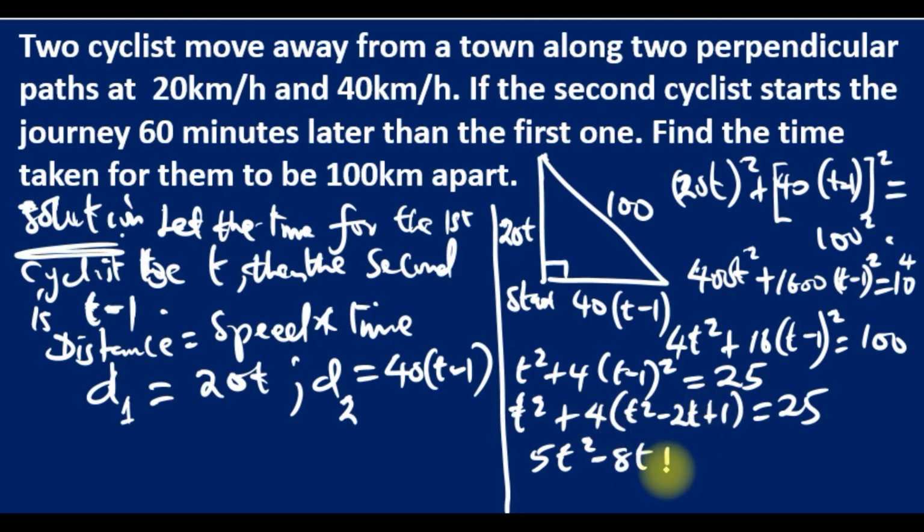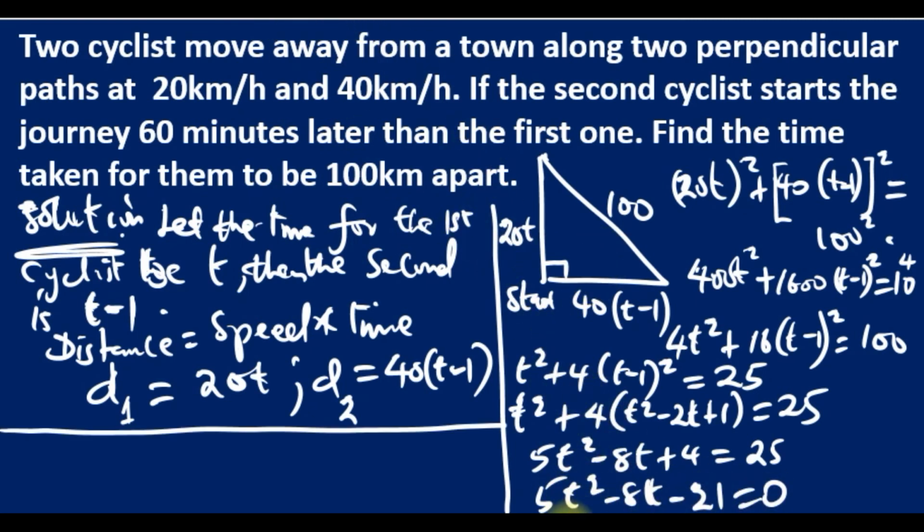This times that is plus 4, equal to 25. So we have 5t squared minus 8t. This 25 comes here to be minus, so 4 minus 25 is minus 21, equal to 0. So we'll form a quadratic equation.